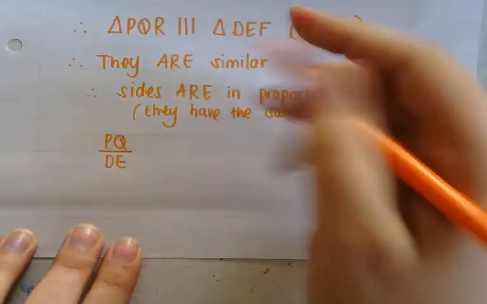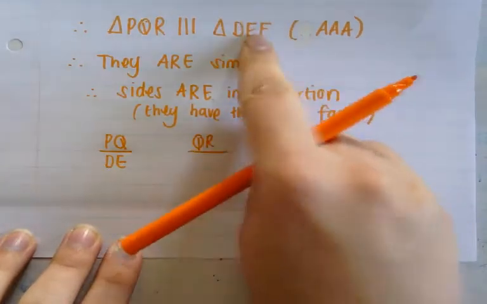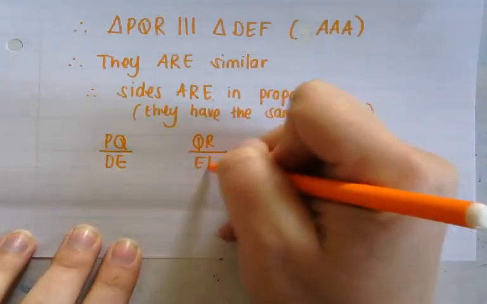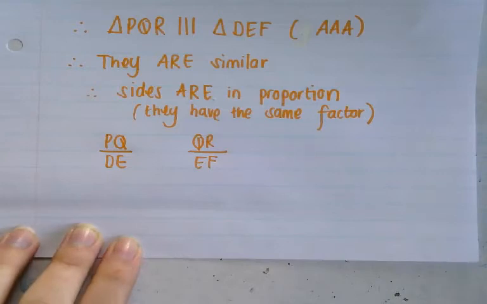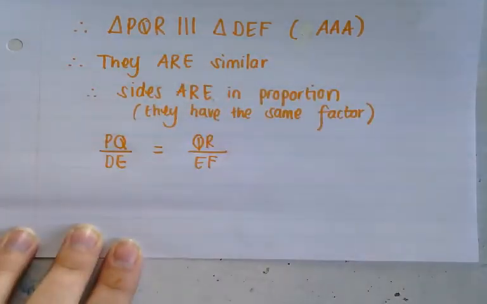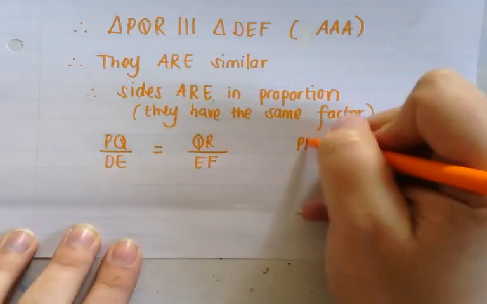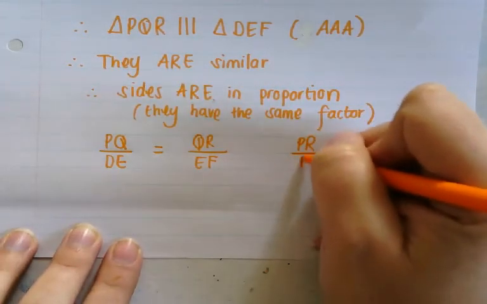My second two, QR, its matching side is EF. Second two in the second one. I divide them and I should get the same factor. Therefore, that factor is equal. And my last one, PR, which matches to DF.